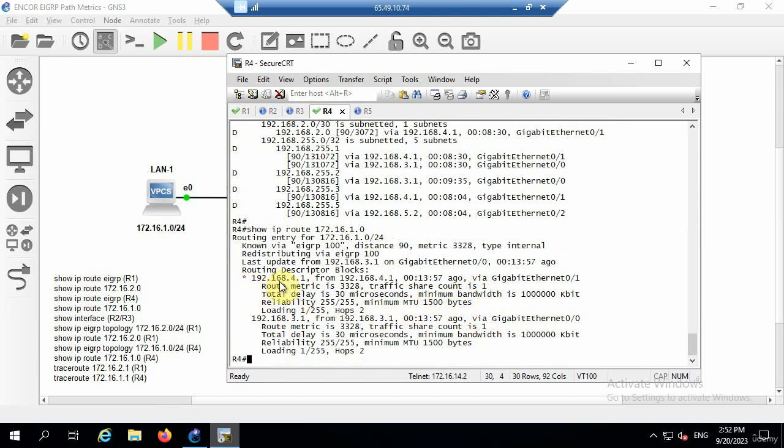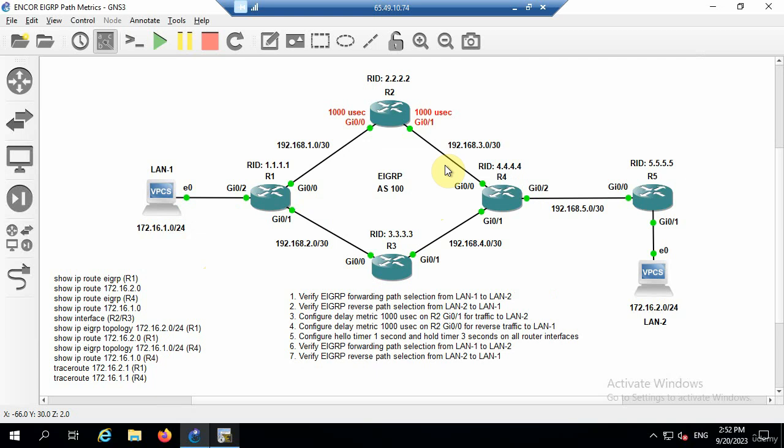So it's selecting 4.1, although both are available, like I was mentioning before in the route descriptor blocks. And 4.1 is this one here. So on the reverse path, it's taken R4, R3, R1. That's interesting as well. On the outbound, it's taken R1, R2, R4, then R4, R3, R1 in the reverse direction.